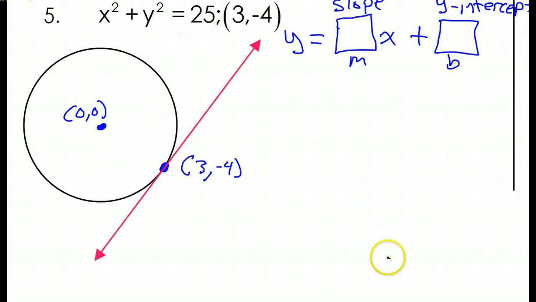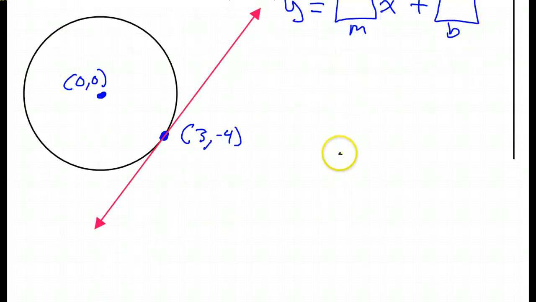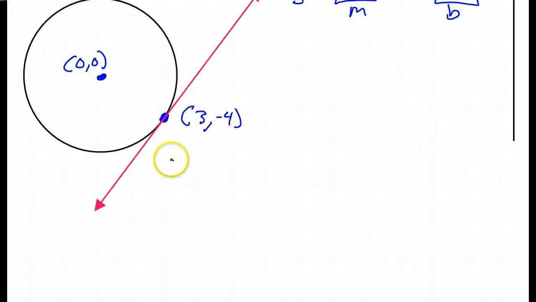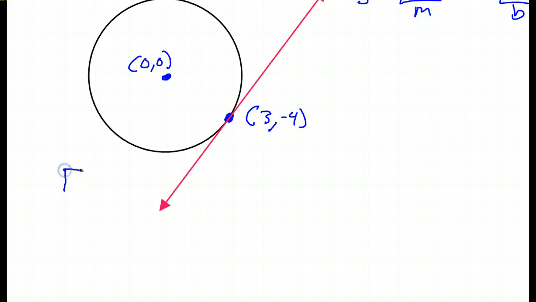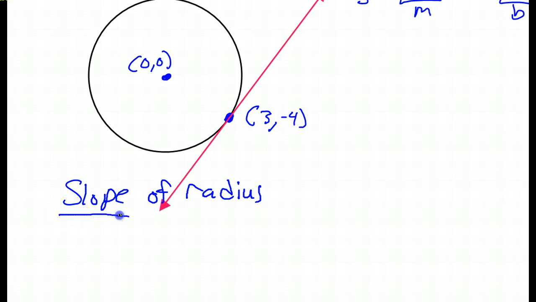So first, we need to find the slope. Now, we cannot find the slope of the tangent line directly, so we're going to have to do it in steps. Okay, so our goal is to find the slope. But first, we have to find the slope of the radius. Okay, because here's the radius right here.